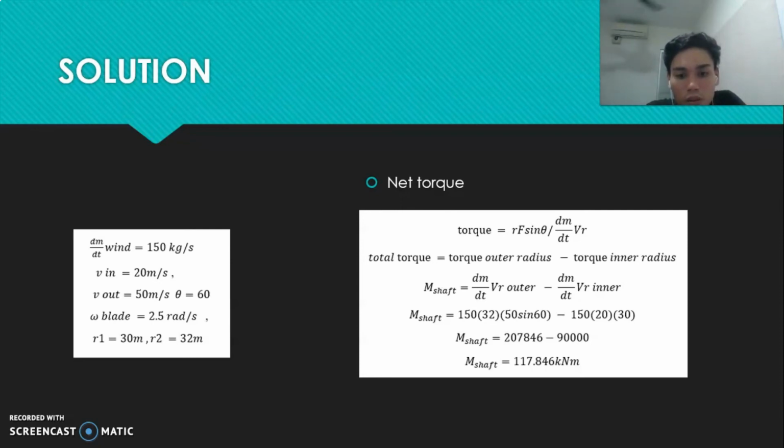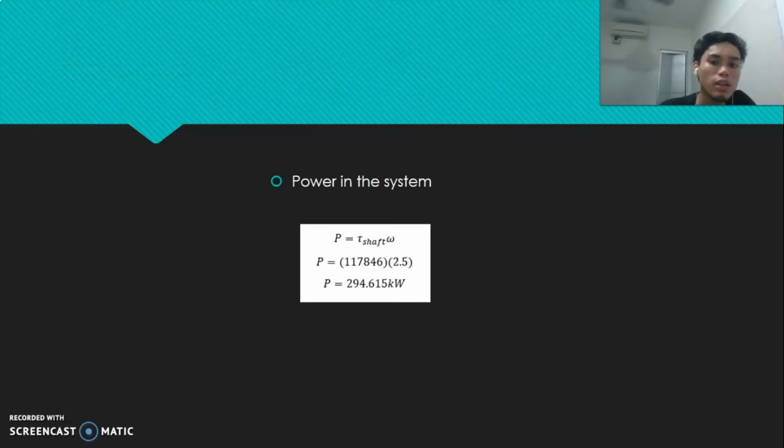We insert the data: 150 times 32 times 50 sine 60 degrees, which is the torque of the outer radius, minus 150 times 20 times 30 for the torque of the inner radius. The total torque is 117.846 kilonewton meter. For the power in the system, we take the formula: power equals the torque of the system times the angular velocity.